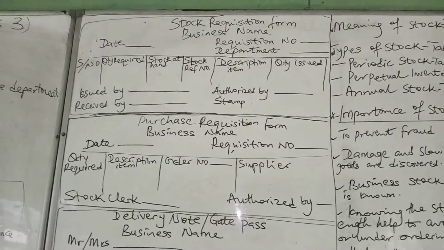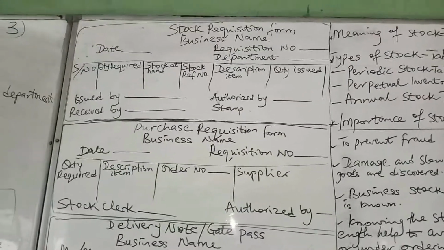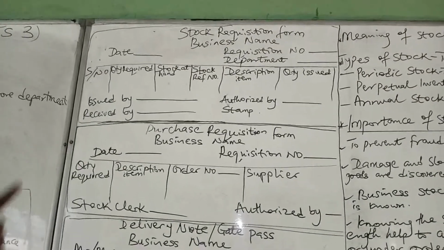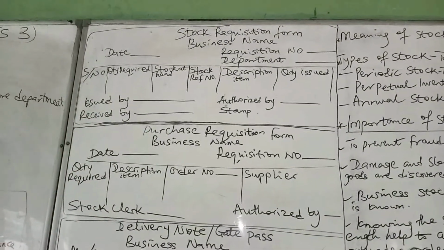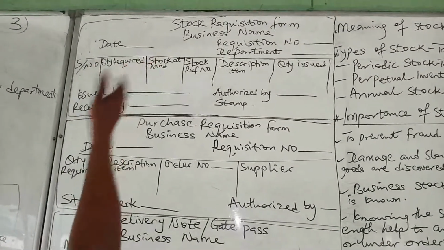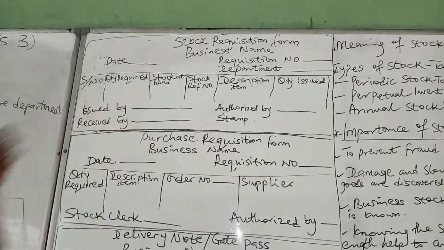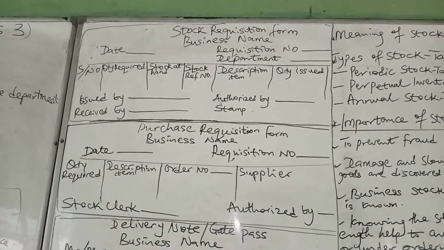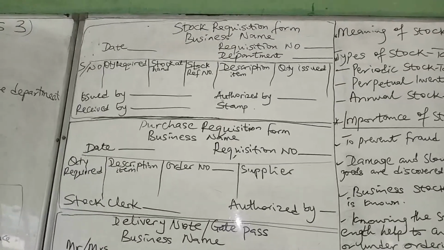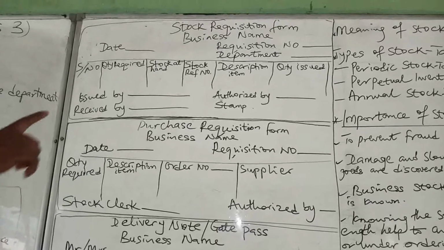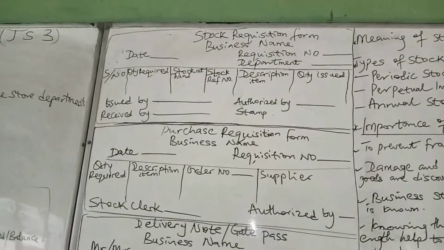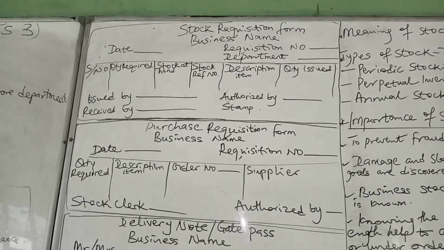An employee or department that requires goods from the store has to fill this form, describing the goods and the quantity the officer or the department needs. They must fill this requisition form. And this has to be authorized by the officer in charge, that is the officer that is responsible, and sent to the stock room.